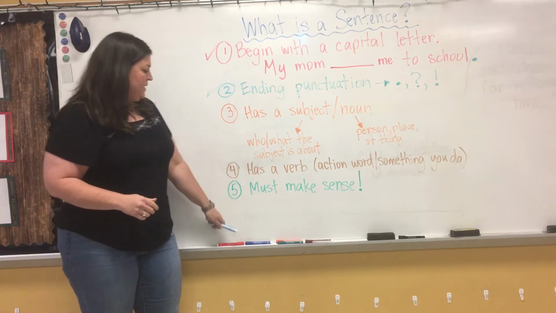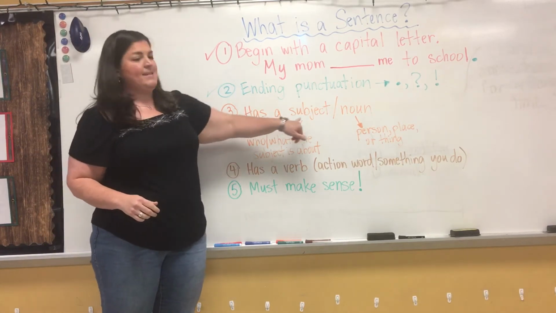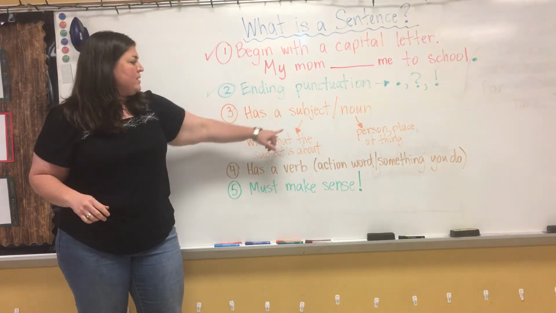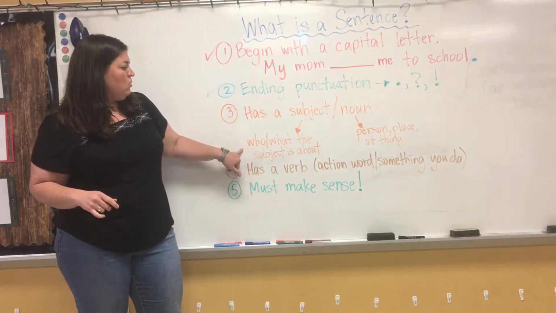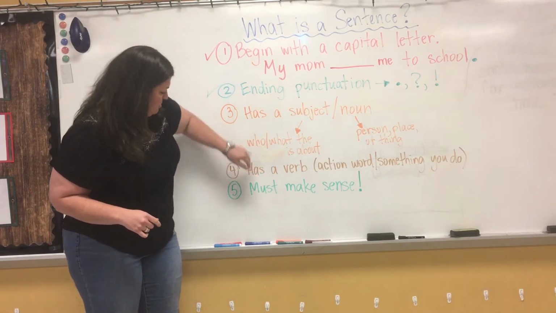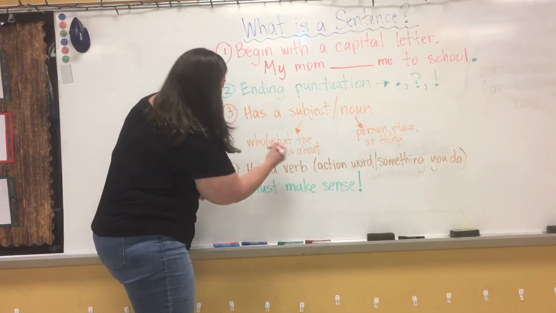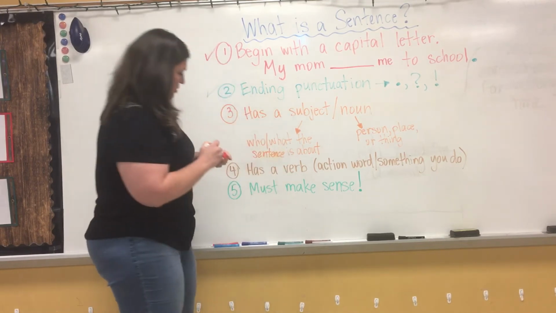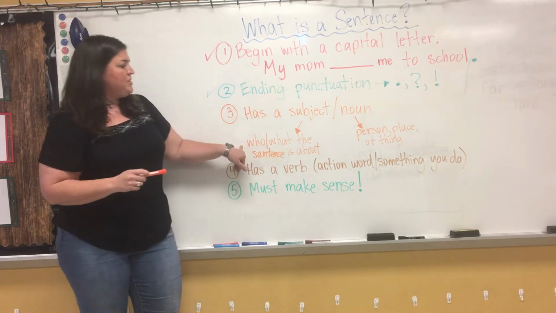Our third tip is to make sure that our sentence has a subject or a noun. So just to remind you, a subject is who or what the sentence is about. Okay, that's your subject.